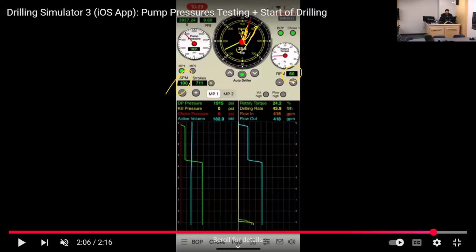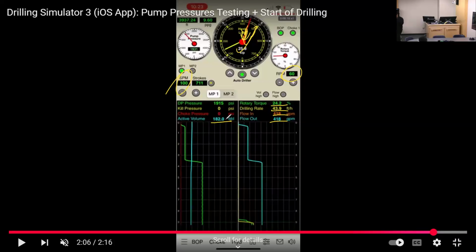Okay, I'm pumping at 100, I'm rotating at 60, I'm applying a weight on the bit of 25.8 kips. I have a rotary torque. I have a drilling rate of 44 feet per hour, and then I have a flow in of 418 and a flow out of 418. And my active pit volume basically measures the amount of mud in the pit, okay?